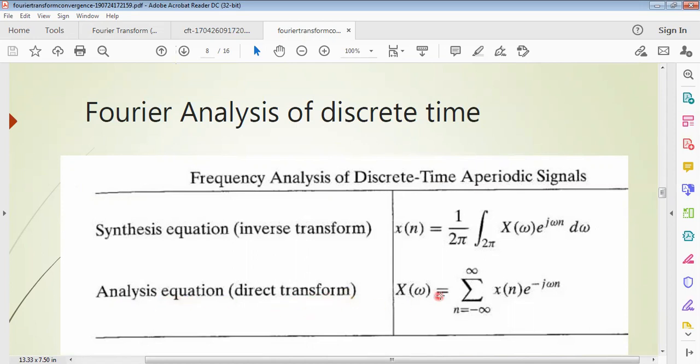This is the summation from minus infinity to plus infinity of x[n] e to the power minus j omega n. In the synthesis equation, we can replace the summation with integration. So we must know what an integral transform is.